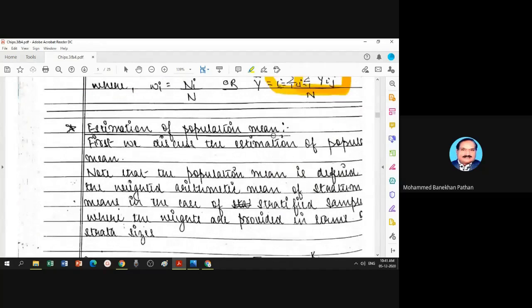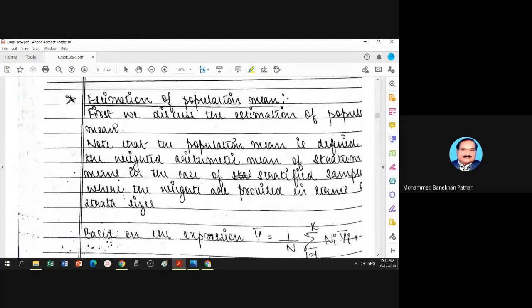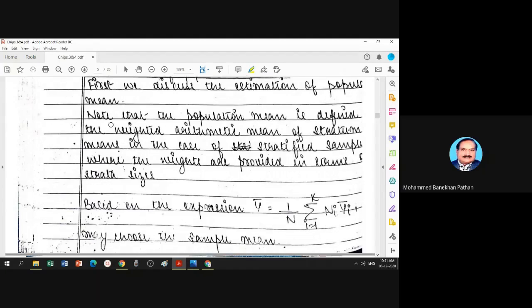Estimation of population mean under stratified random sampling. First, we discuss the estimation of the population mean. Then we go ahead. Note that the population mean is defined as the weighted arithmetic mean of stratum means in the case of stratified random samples, where the weights are provided in terms of stratum size.